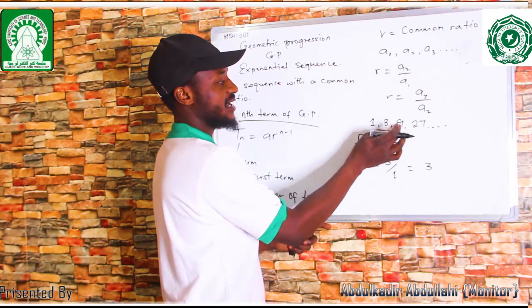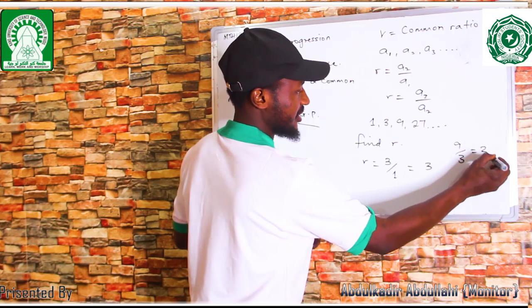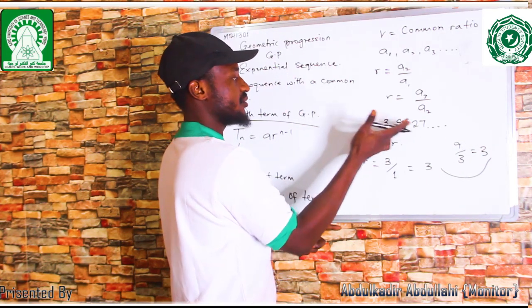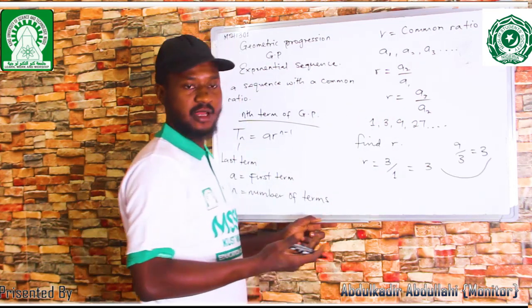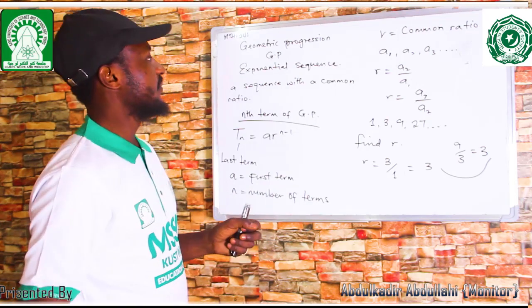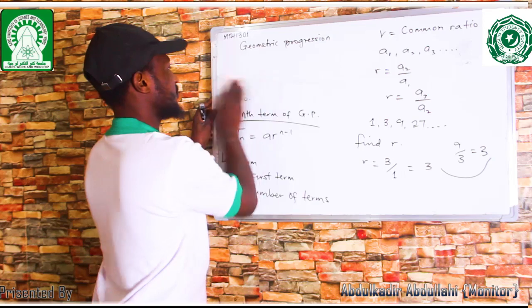If you like, you might say 9 divided by 3, which is the same thing as 3. If you take a look, you will see that if you divide this one by this or this one by this, you are going to have the same common ratio. So this is it.